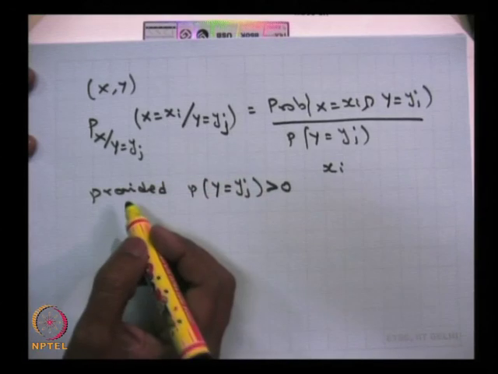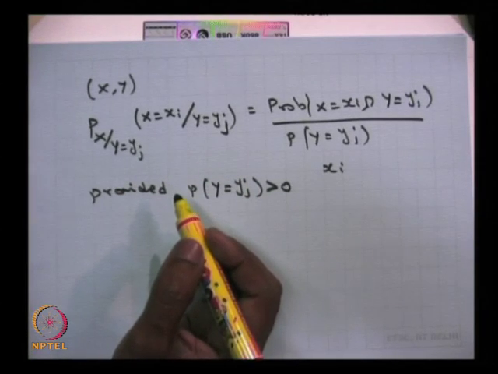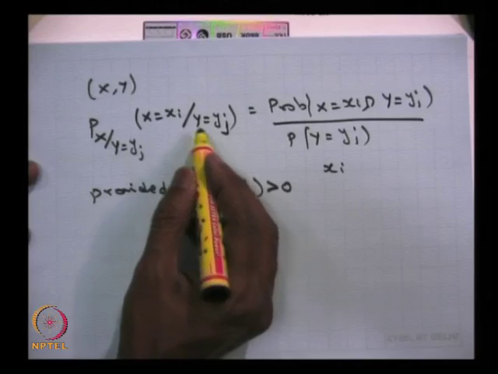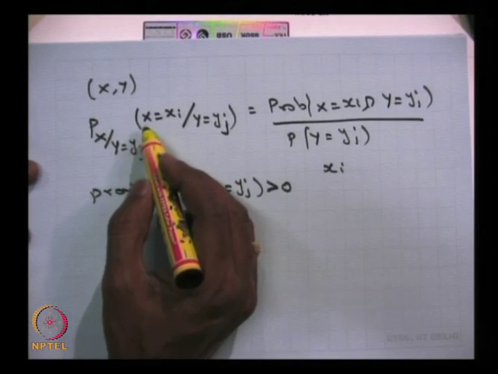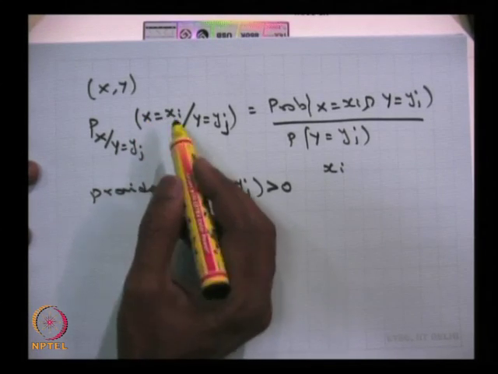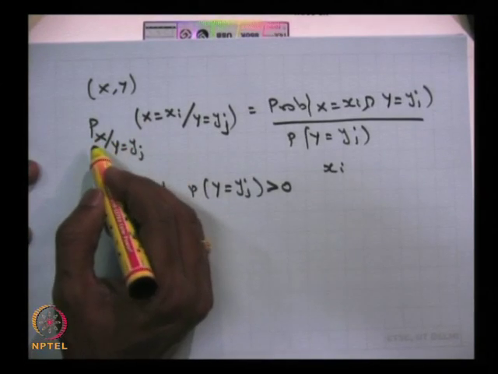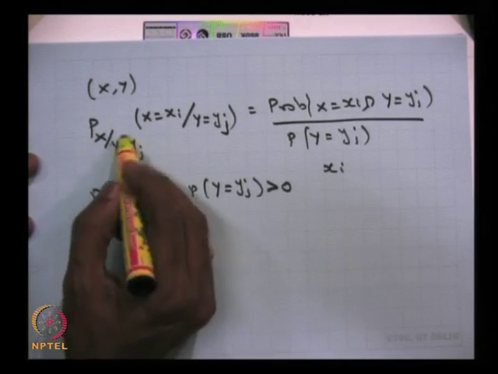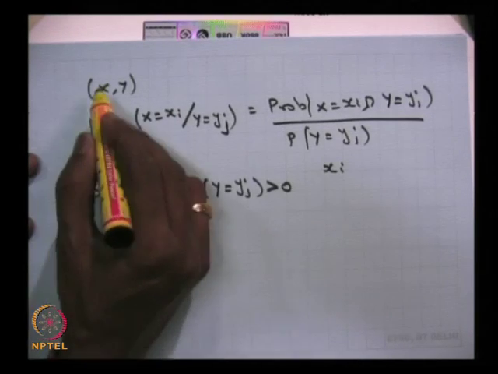From the omega you end up with one reduced sample space corresponding to y equal to yj, and from the reduced sample space you find the distribution of the random variable x for all possible values of xi. So we call this the conditional distribution of x given the other random variable, and this logic can be extended for more random variables.